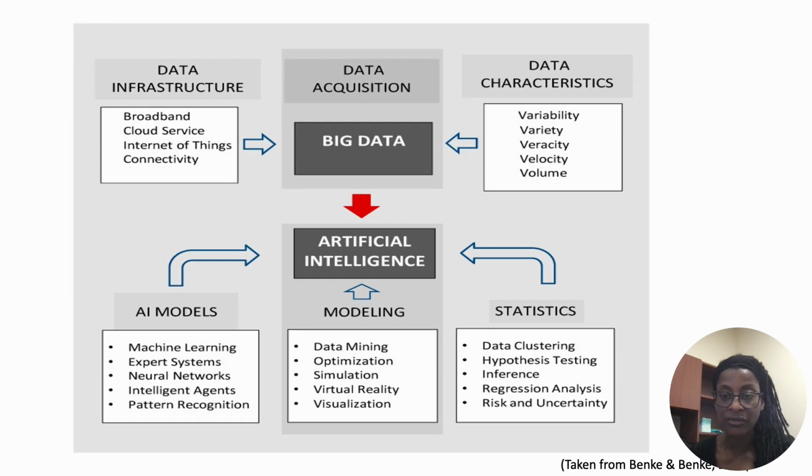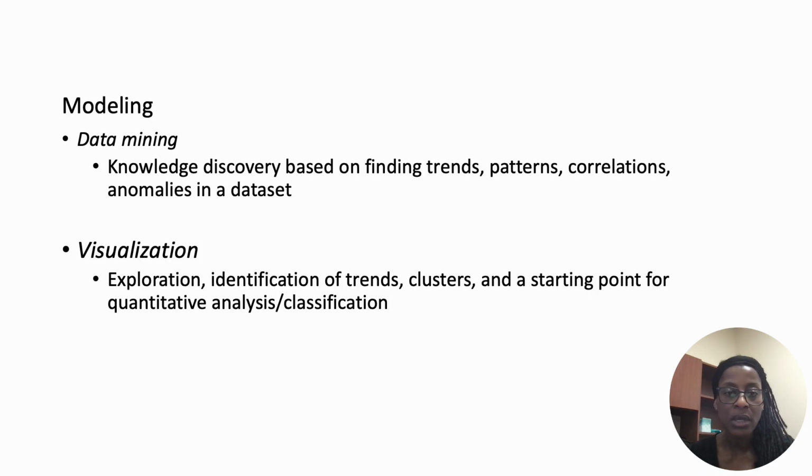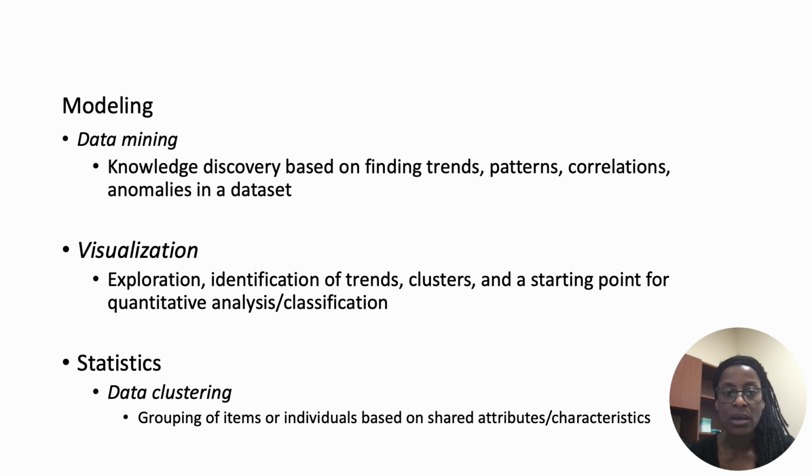That information therefore is used to facilitate treatment protocol. So modeling, data mining, facilitated knowledge discovery based on different trends that the machine is able to detect based on various models.